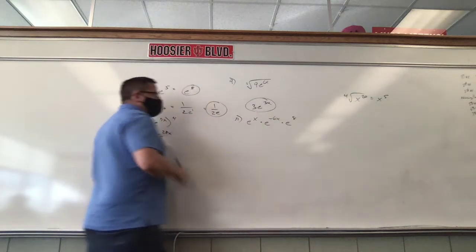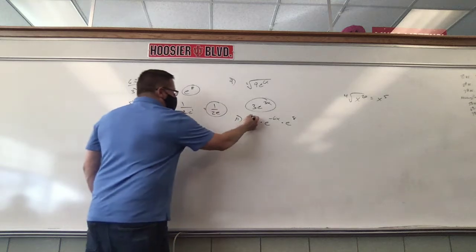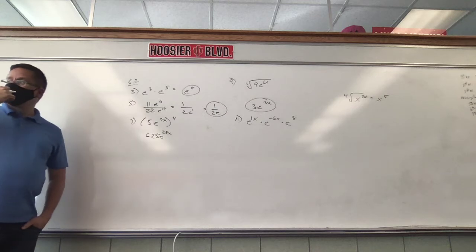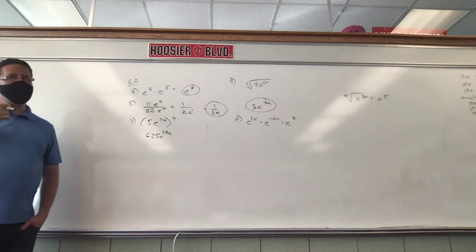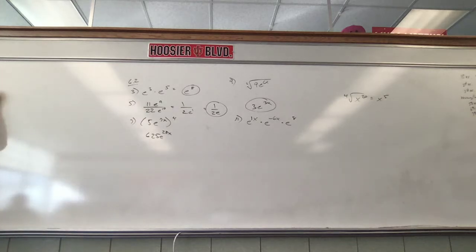So, let's add these. What's x plus negative 6x? I'm going to put a 1 in front of that. What's 1x plus negative 6x? Negative 5x. Careful. Come on. What's 4x plus 1 plus 5x? 1 and 9x.